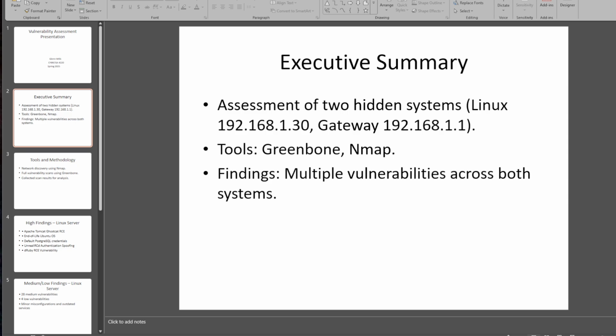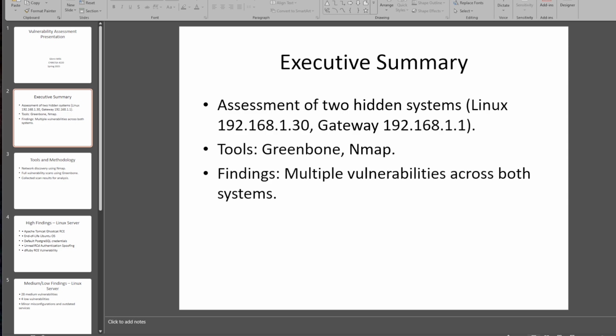The tools used included Greenbone vulnerability management for scanning and Nmap for network enumeration. Across both systems, multiple vulnerabilities were identified.